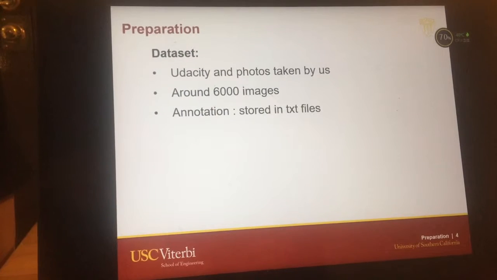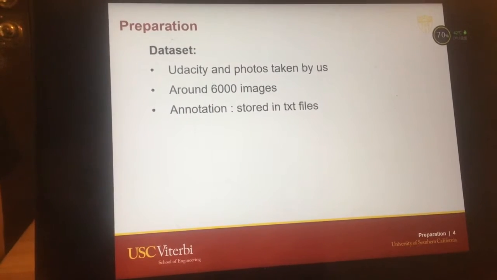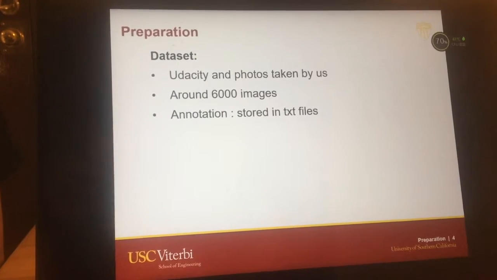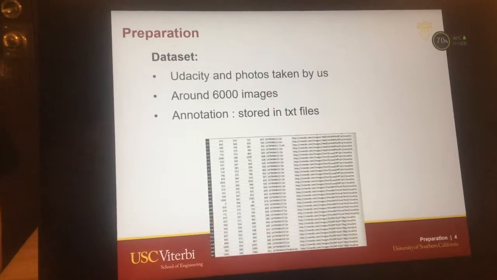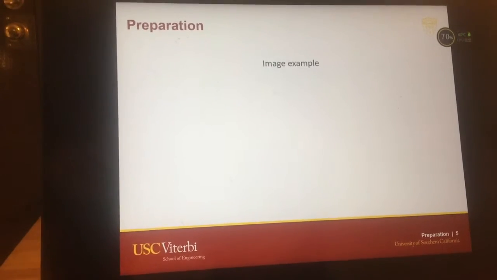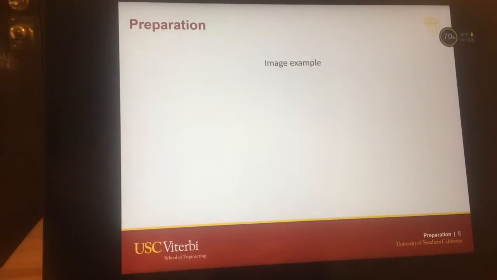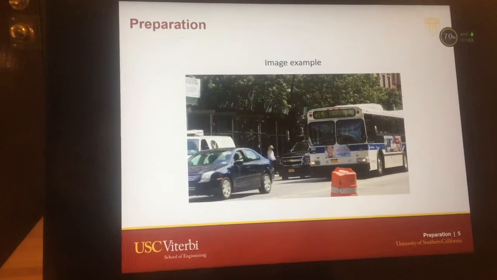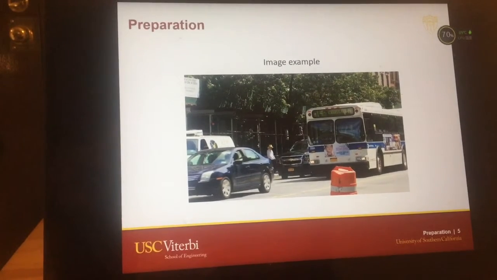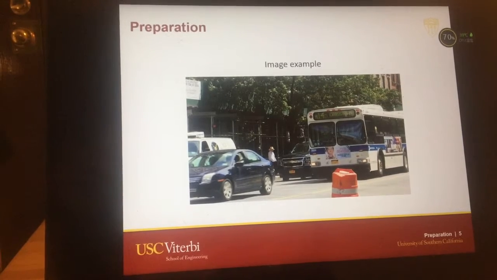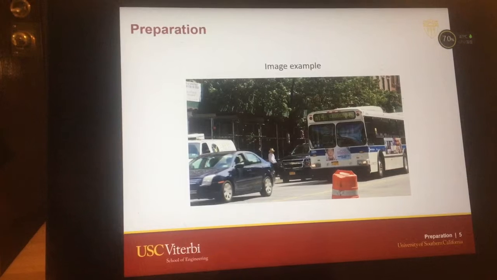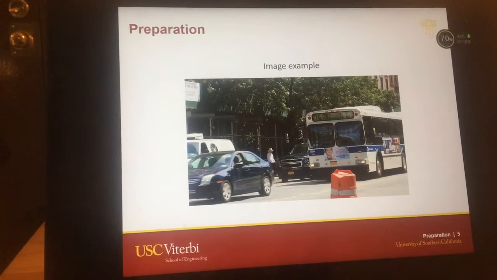Apart from the images, we also downloaded the annotations for training, which are stored in a TXT file. Here is an example of the TXT file, and here is an example of the image. This image is really what we want, because there are cars, trucks, and pedestrians in one image, so it is really good for us.